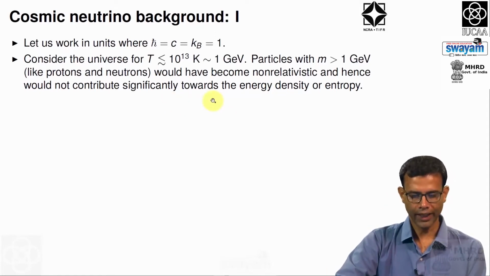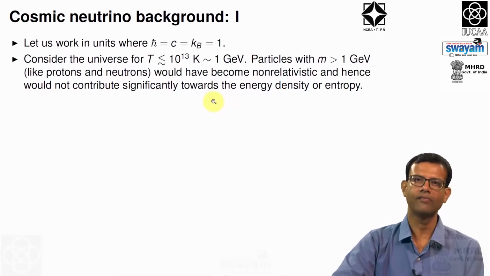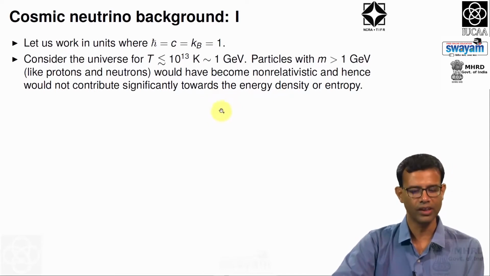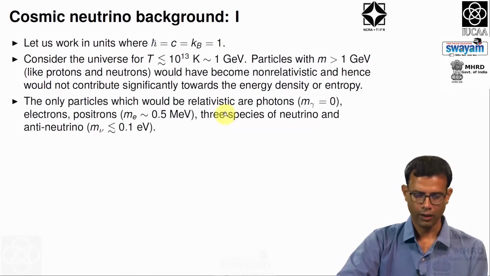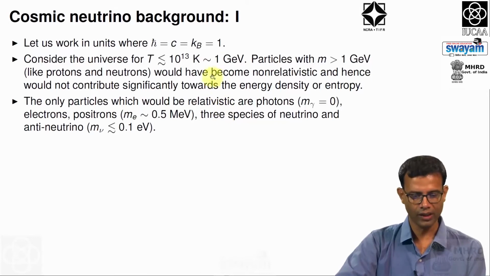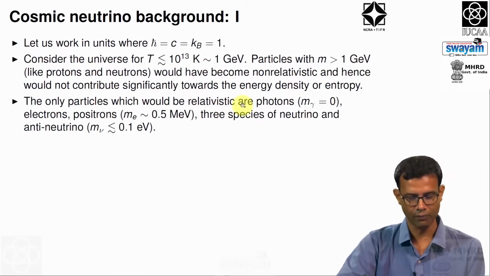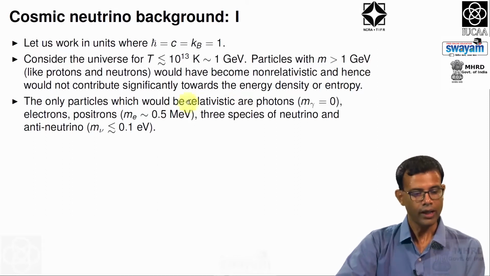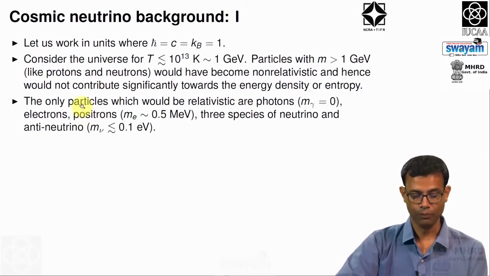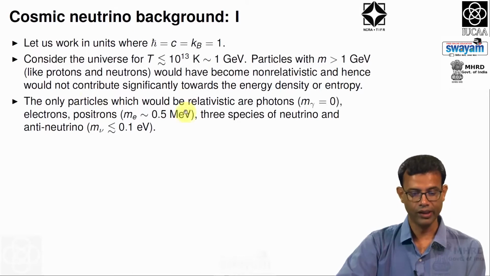The energy or the entropy of the universe is mostly contributed by relativistic species. As far as we understand, the only particles which would be relativistic at this time will be photons. Photons are of course always relativistic because their masses are 0. Electrons and positrons will also be relativistic at the GeV scale because their masses are 1000 times smaller than that.